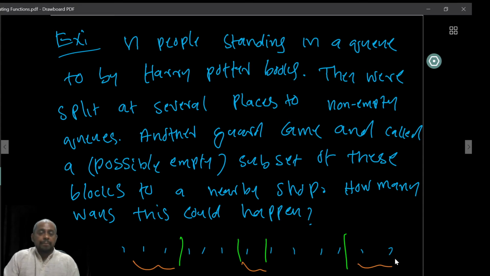The subsets are non-empty, but he can call only some of the sub-queues, and maybe he doesn't call anybody also. That is also possible. So in this case, how many different ways can this happen? That is the question.